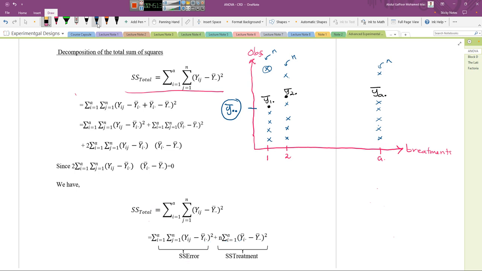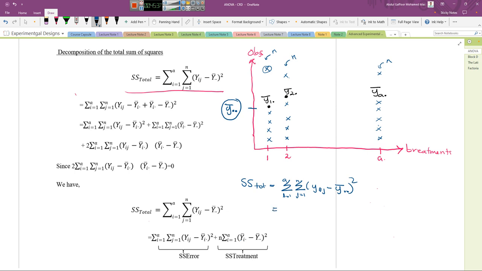Okay. So here the sum of squares total is equal to the summation i equals 1 to a, j equals 1 to n, (yij minus y double dot bar) squared.